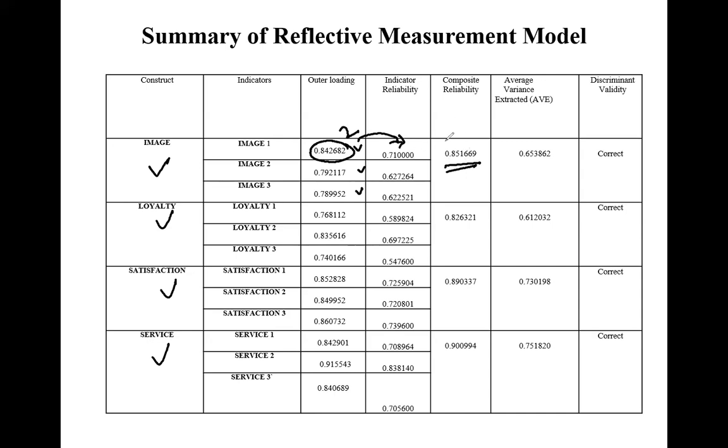And average variance extracted, we will obtain this value also from the output. And discriminant validity: there are 2 criteria to check it, जिसमें हमने बताया था फॉर्नेल एंड देन क्रॉस लोडिंग वाला, दोनों के थ्रू कोई इशू नहीं। इस तरीके से we will report the result of reflective measurement model in our research paper.